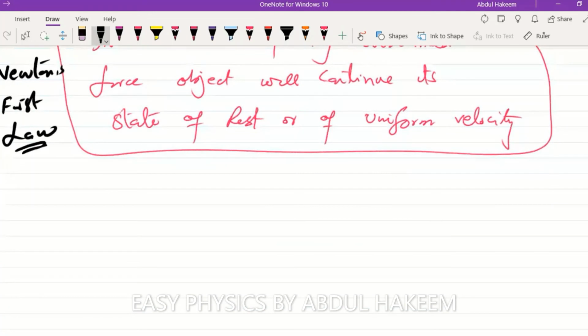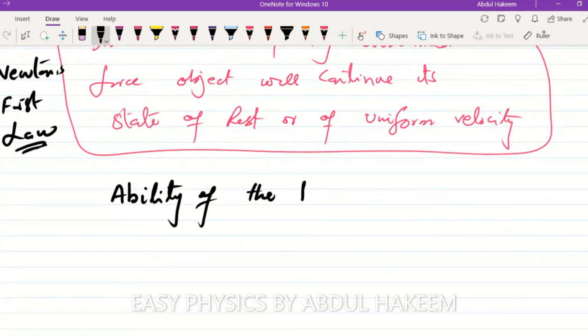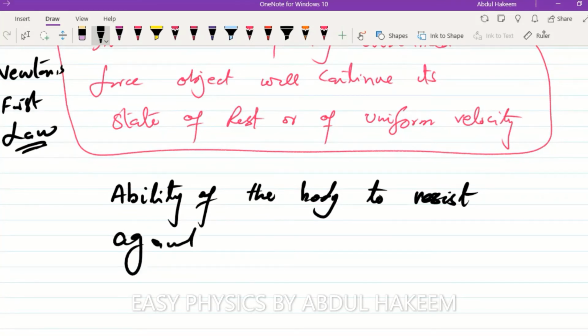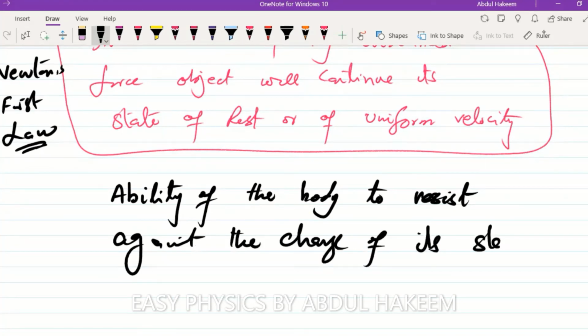Now, the object has the ability to resist against the change of the state. So, the ability of the body to resist against the change of its state.